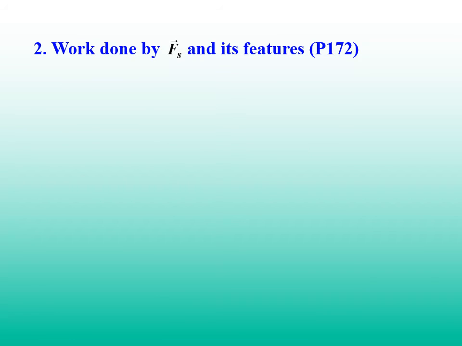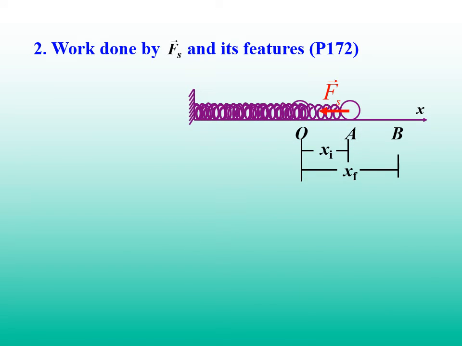The work done by the elastic force is another case that's similar to the gravitational force. Let's take a look at this experimental setup. An object is attached to a spring, and we set a coordinate this way.